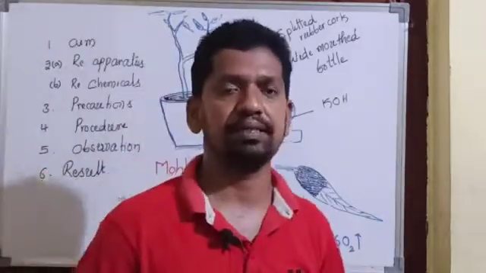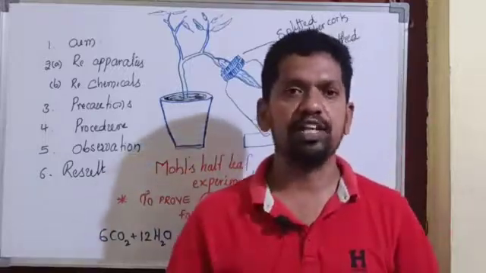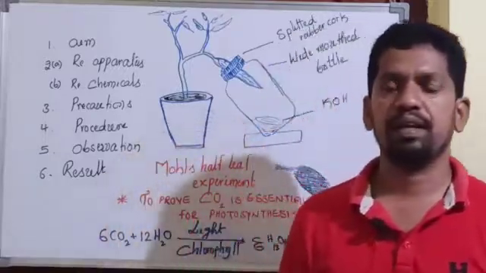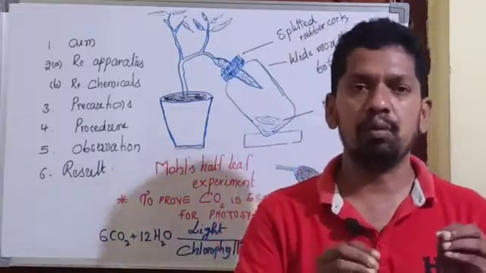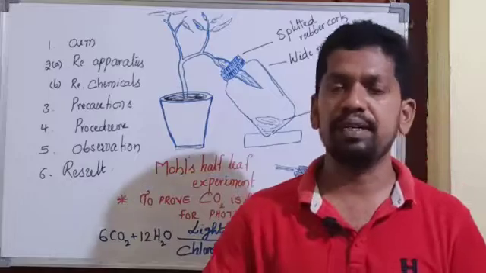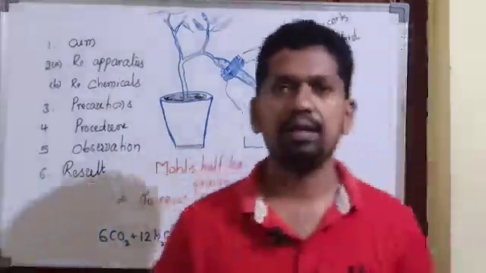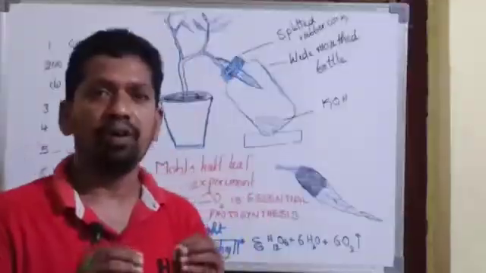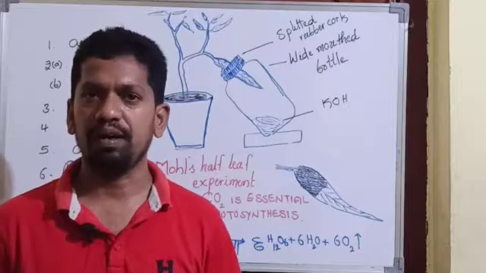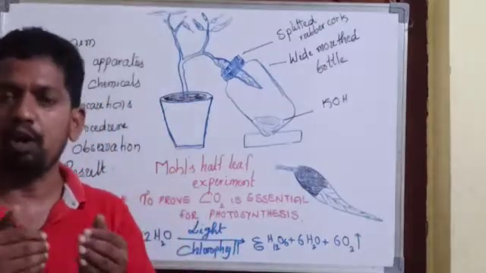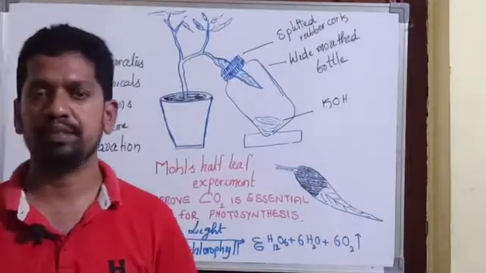Now, questions like this. Explain the moll's half leaf experiment. Or write an experiment which was done in a school laboratory to prove that carbon dioxide is essential for photosynthesis. Or write the precautions for the moll's half leaf experiment. Or write the required apparatus and chemicals for the experiment.